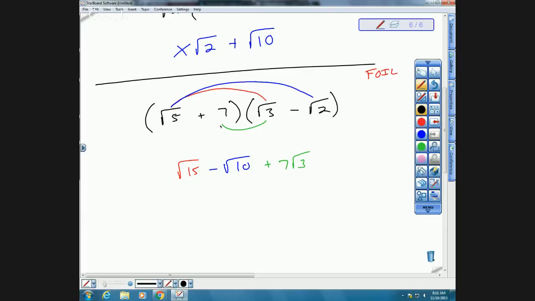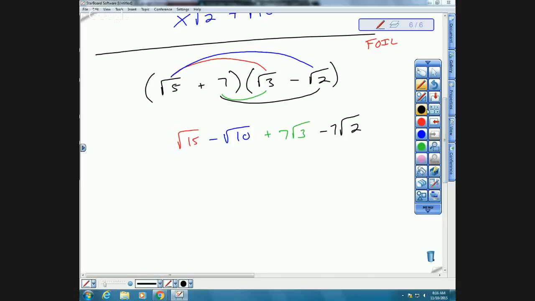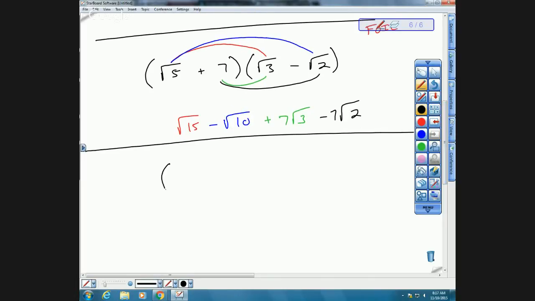And the last one here, 7 times negative square root of 2 would be -7 square roots of 2. So then again, we know how to add and subtract, so we check to see if we can combine any of those. So that's 15, 10, 3, and 2. So I cannot combine any of those. We're going to use this multiplication and this FOIL in the next section.